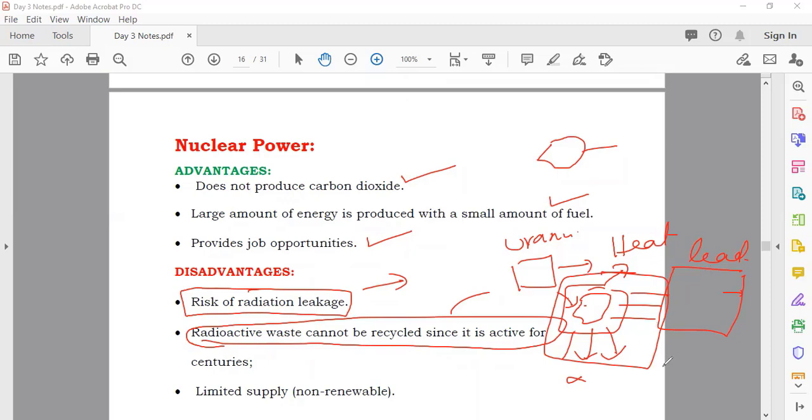And sometimes it needs 5,000 years to become neutralized. So this is a really long time. Understand? Any confusion? No.